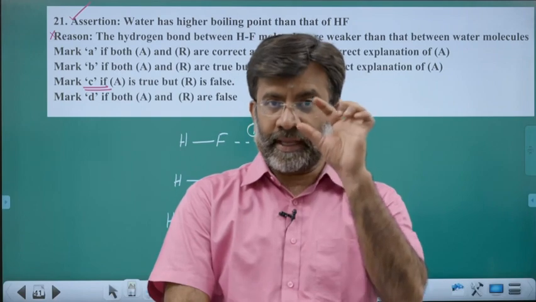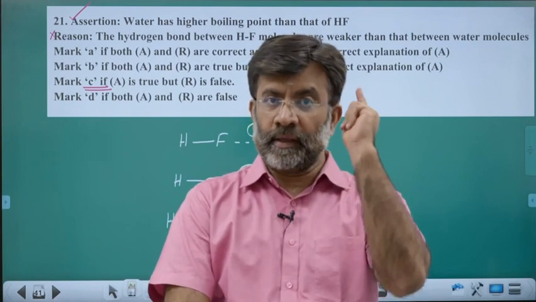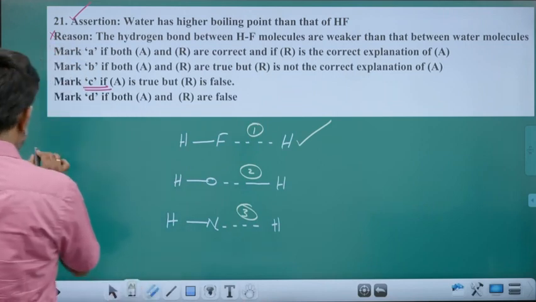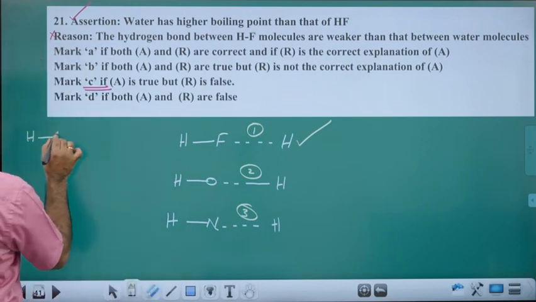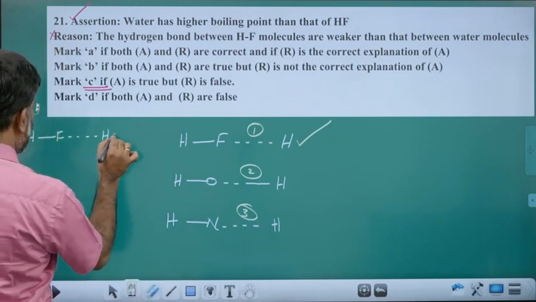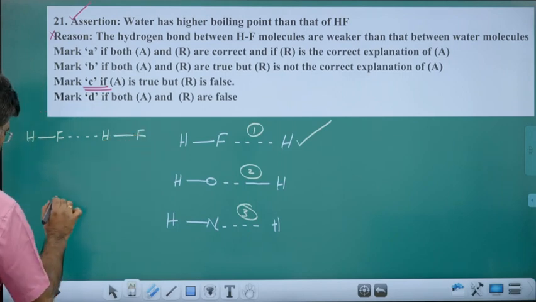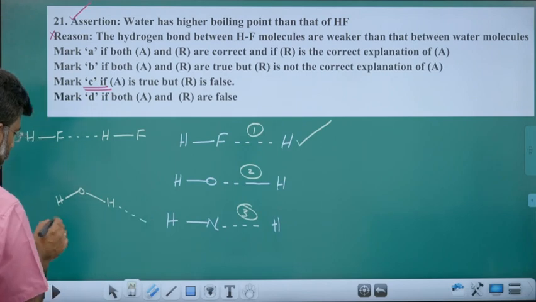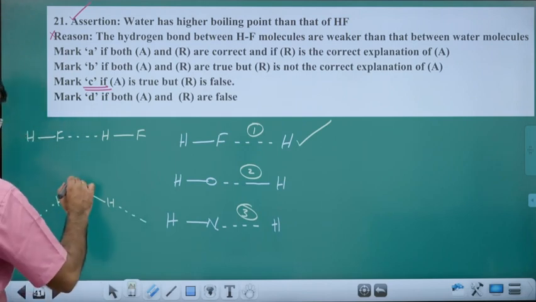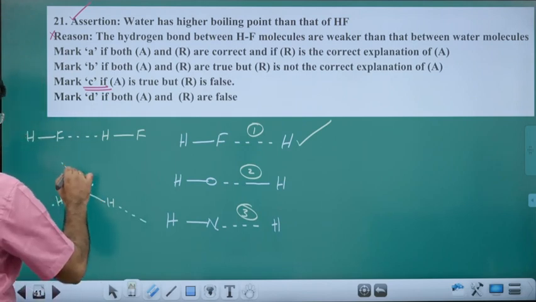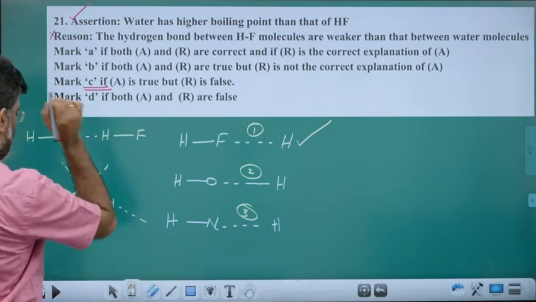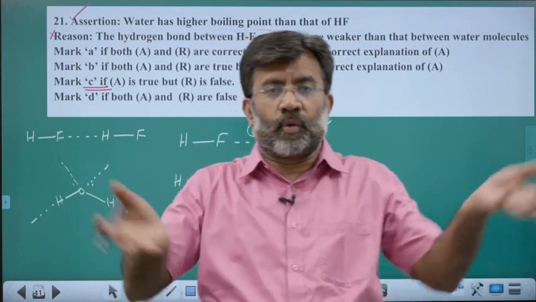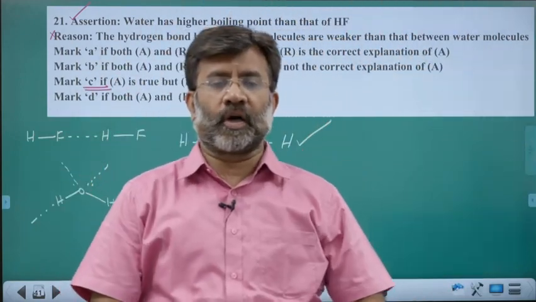But the extent of hydrogen bonding is greater in water. In HF it is happening like this, whereas in a water molecule, hydrogen bonding may happen over there, it may happen over there. There are two lone pairs. It can happen over here, it can happen over here. There are 4 molecules surrounding one water molecule which are hydrogen bonded.